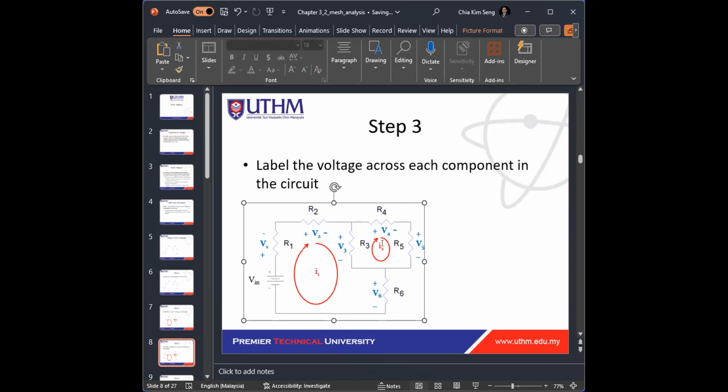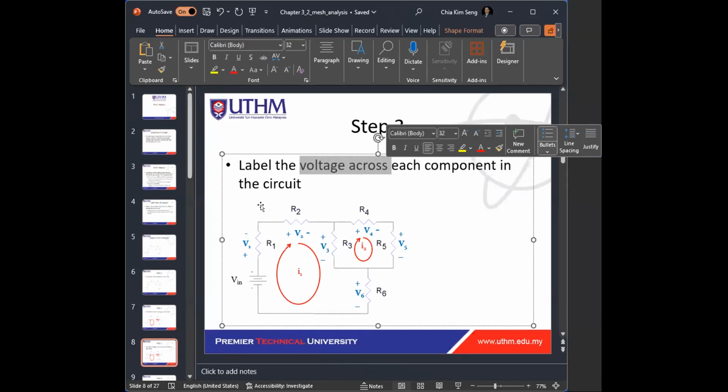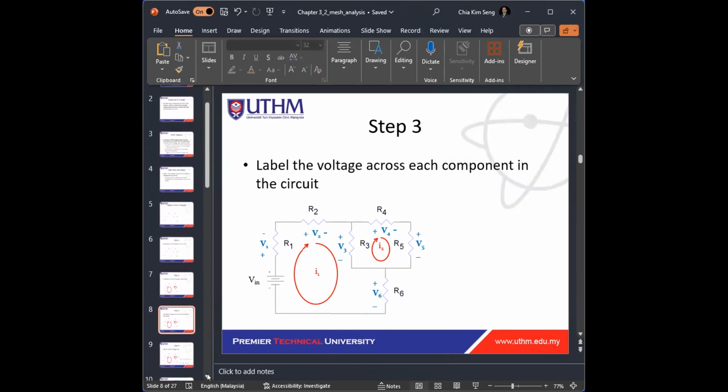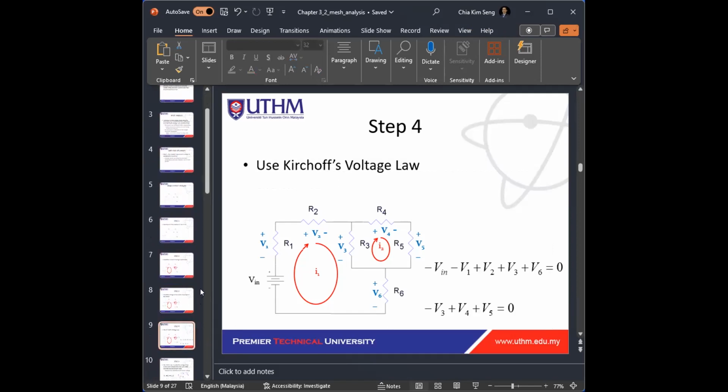The rest should be okay: positive, negative. Labeling the voltage across this one is basically optional for me. You can label it. This one is the wrong thing, so after I correct this one, what you receive should be the correct version.